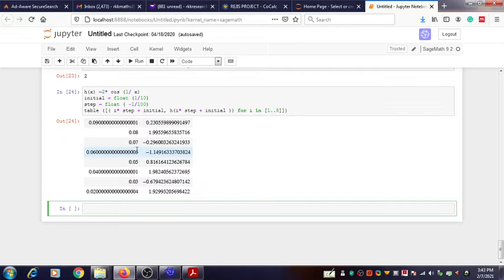The function value changes from positive to negative, then from negative to positive. So this is a sign that there does not exist any limit for the function at the point x equal to 0. But you can make this point clearer by plotting the graph of the given function, 2 into cos 1 by x.